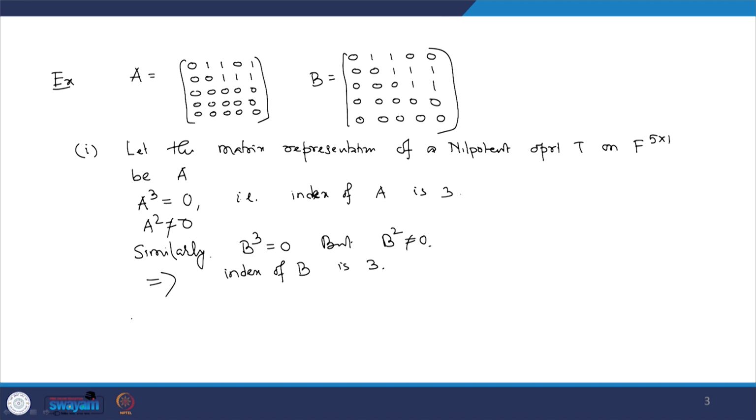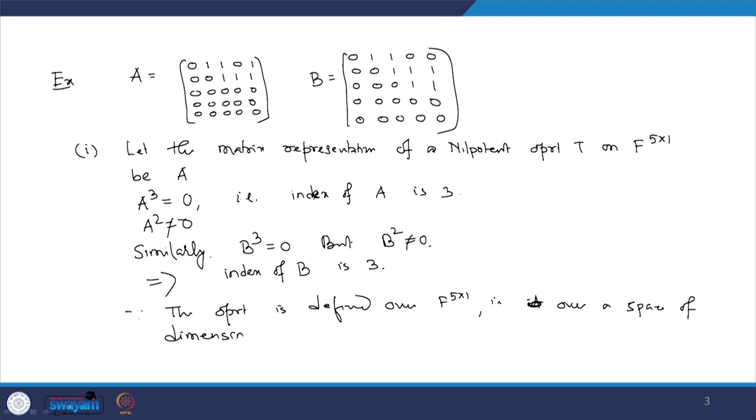Since the operator is defined over the space F^{5x1}, that is, over a space of dimension 5, and the index of A is equal to 3, one nilpotent block of order 3 will be there.